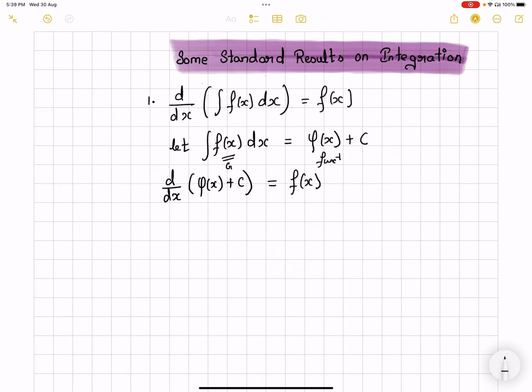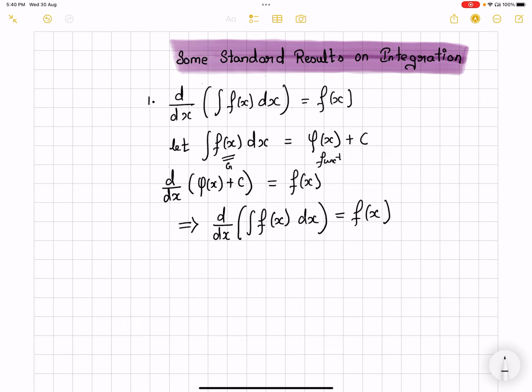The constant, when I differentiate, obviously it's a number, so it becomes 0. So I got a result f of x. It clearly states that when you differentiate and then integrate a function, you would be getting the function as it is, f of x.